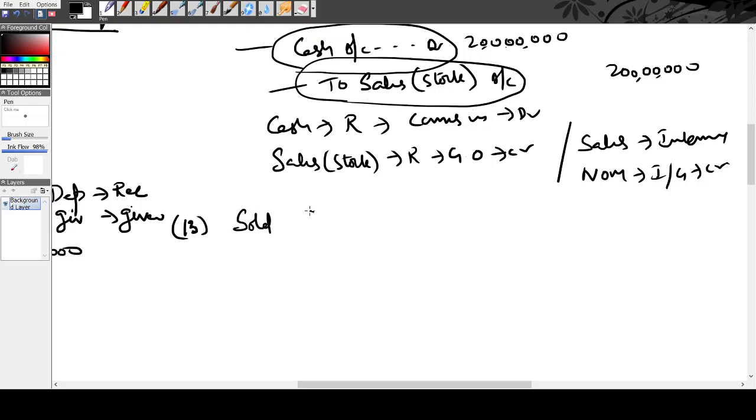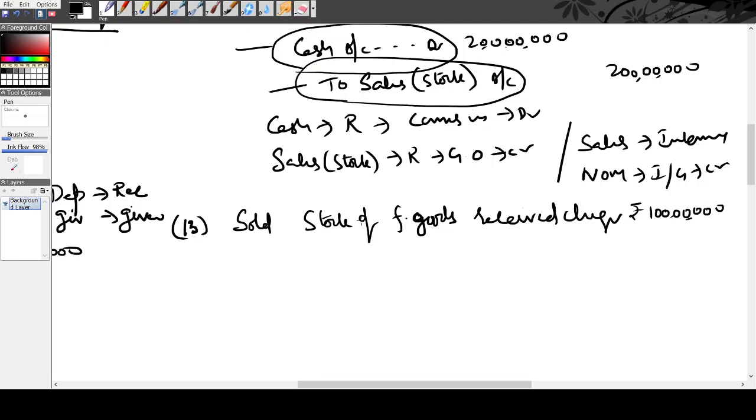Sold, again stock of finished goods to distributors or to the wholesalers, and we have received check, say rupees 1 crore. Now we have sold some more stock to distributors and they have given us check instead.